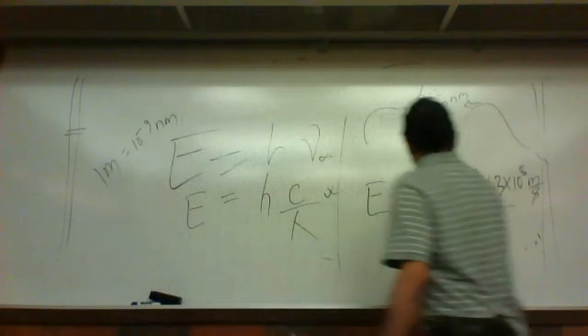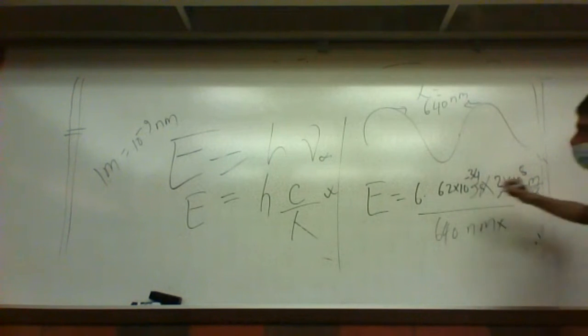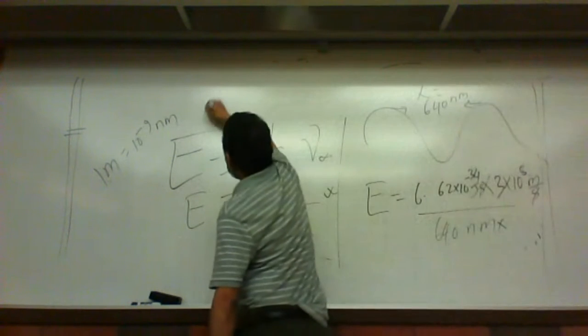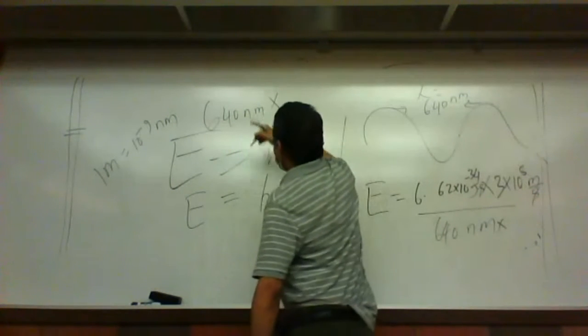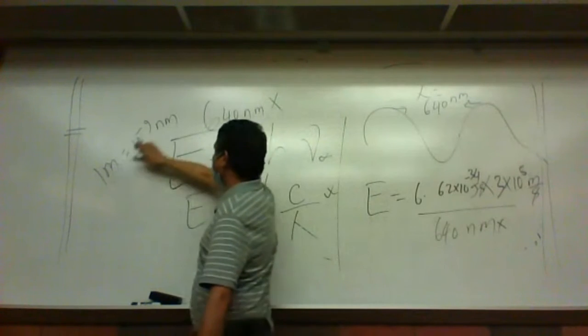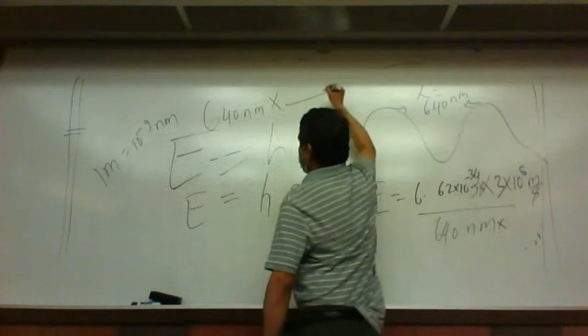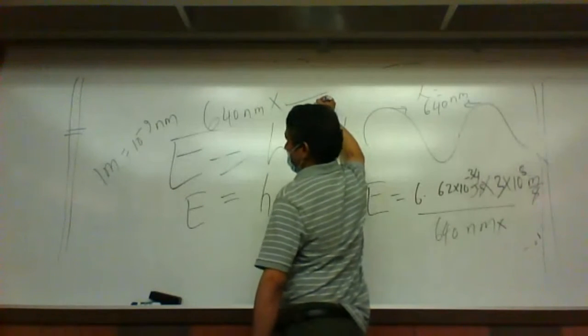So I need to convert this nanometer to meter. So 640 nanometer multiplied by a conversion factor, which I put in such a way that I get meter and cancel nanometer. So I put the nanometer down here.